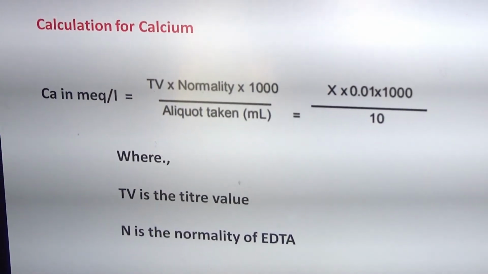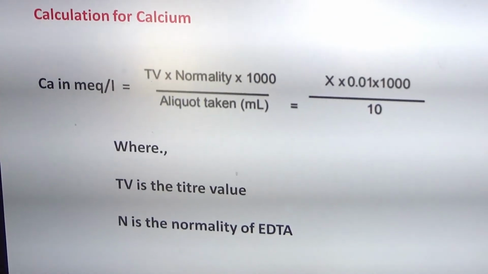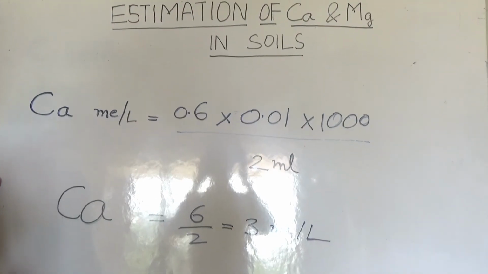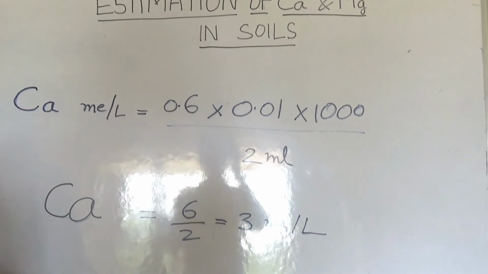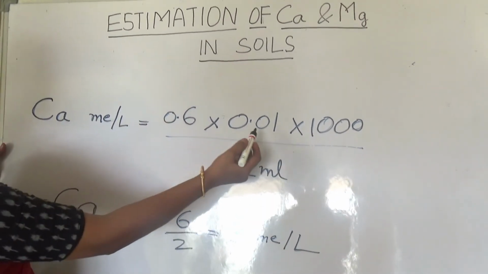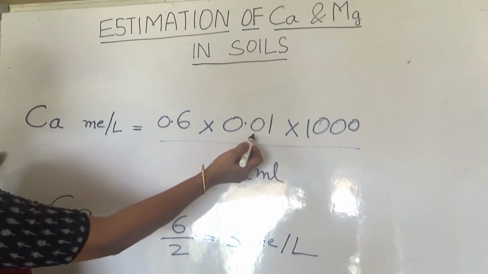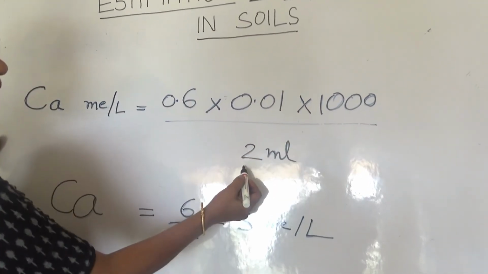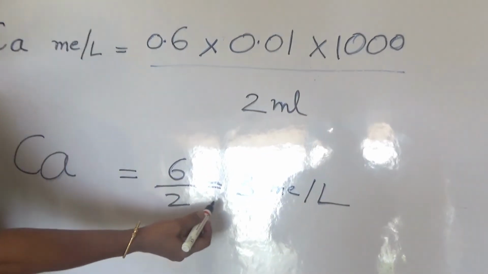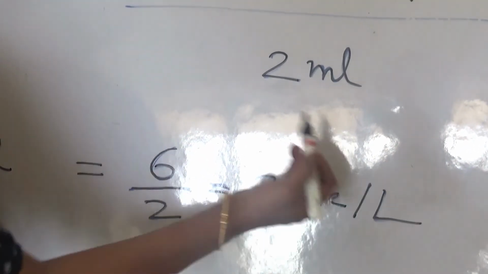So substituting this formula for our experiment, let us see the calculations. Substituting our titer values in the formula, it is 6.6 ml into concentration of EDTA 0.1 into 1000 divided by the amount of aliquot taken, 2 ml. So this has come to 3 milliequivalents per liter.